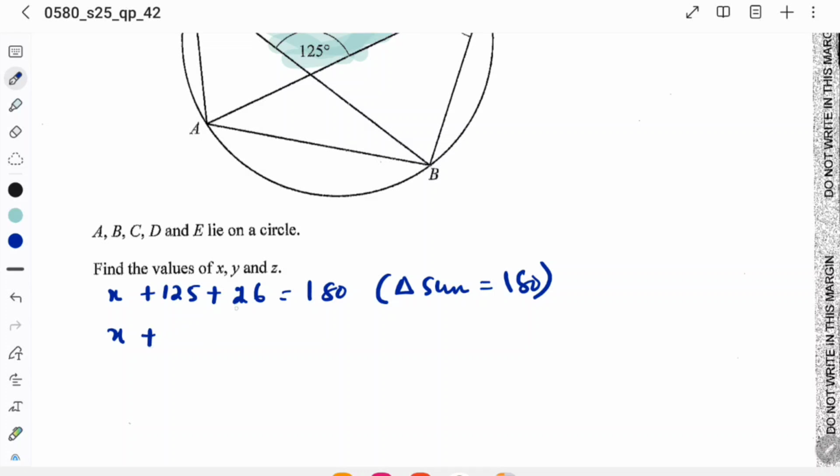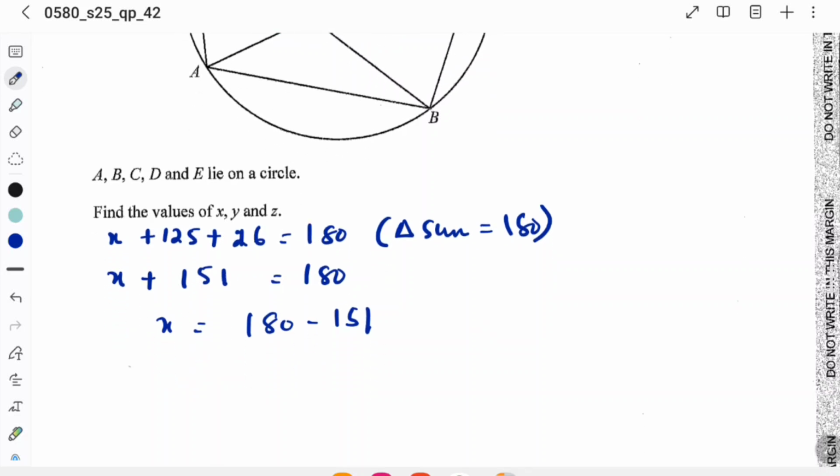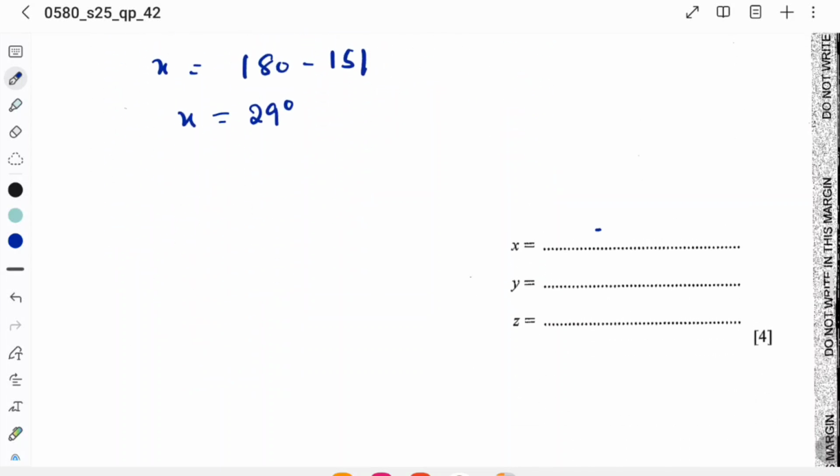So 125 and 26 becomes 151, it's not 157. X is equal to 180 minus 151, and that becomes 29 degrees. So just write down 29 degrees.